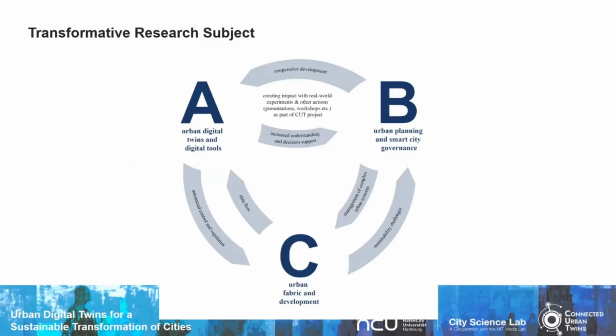And we understand the city of Hamburg as our real-world experiment. That is the spatial and temporal framework to carry out real-world experiments. You can understand this research subject as an interplay between these A, B, and C domains: on the one hand the urban digital twins and digital tools, or digital models as parts of the urban digital twin; urban planning and smart city governance; and the urban fabric and its development.